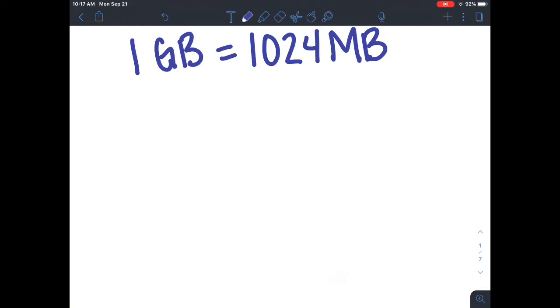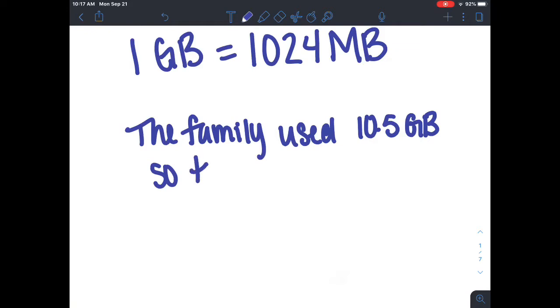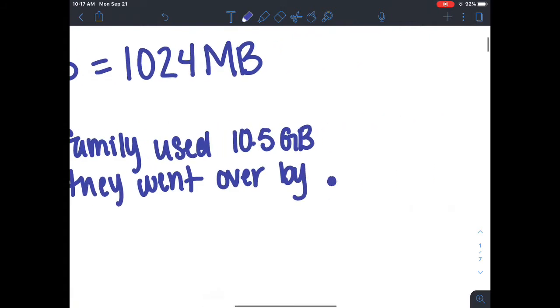So the family used 10.5 gigabytes. So they went over by 0.5 gigabytes. And hopefully you know that that's half a gigabyte.